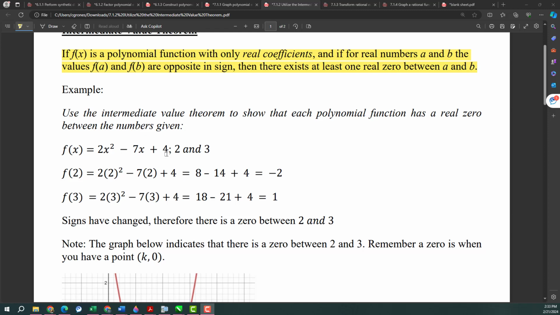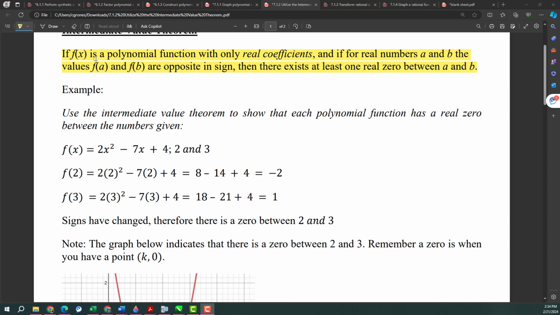So it gives us the polynomial function, and then it tells us that we're looking between the numbers 2 and 3. So we're going to plug those numbers in. We've got f of 2, and we do the math, it ends up equaling -2. And then f of 3 equals 1. So it says that signs have changed, therefore there is a zero between 2 and 3.